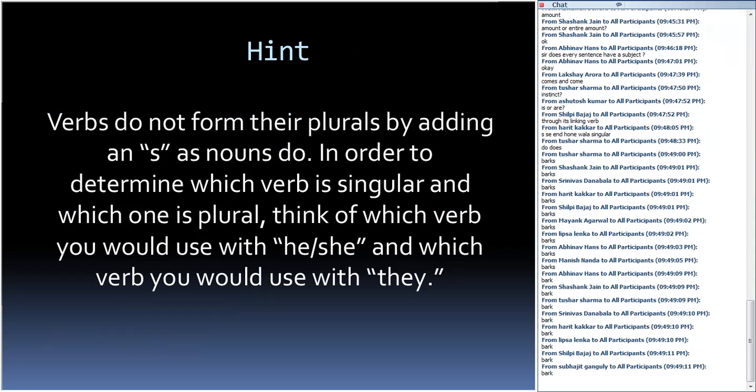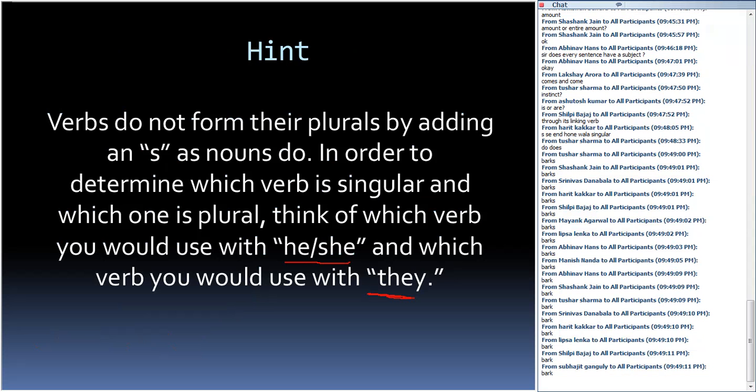So this is a hint. I told you that verbs do not form the plurals by adding an S as nouns do. In order to find out which verb is singular and which verb is plural, think of which verb you would use with he, she, and which verb you will use with they. This is also a good way of finding out.